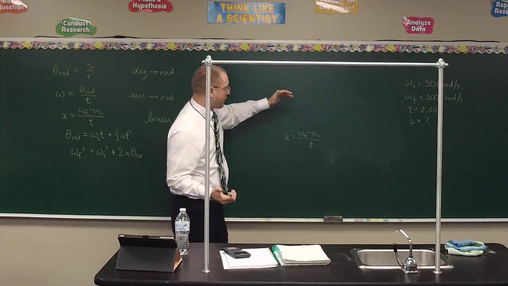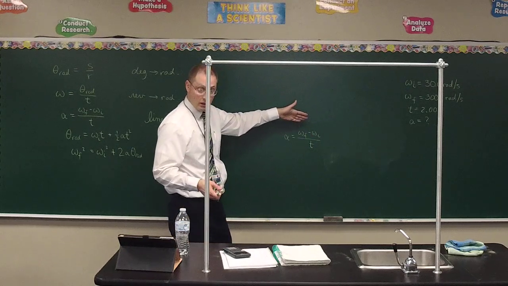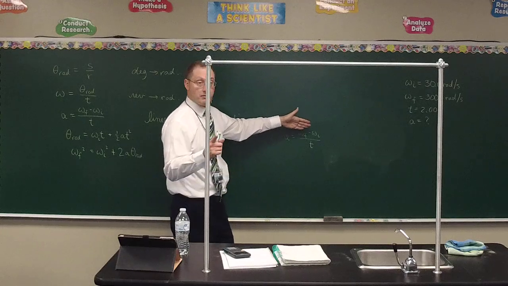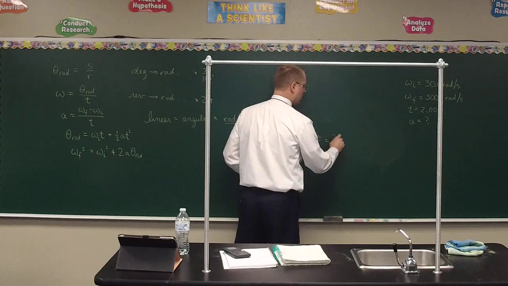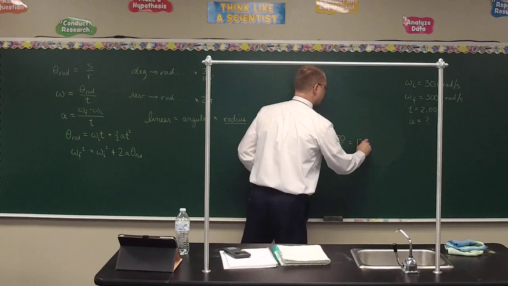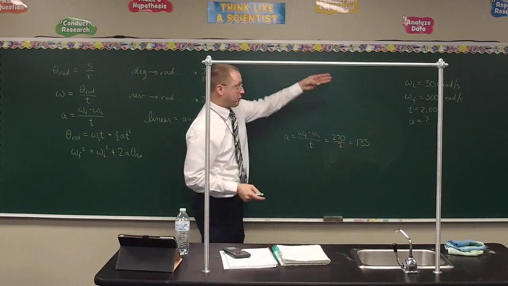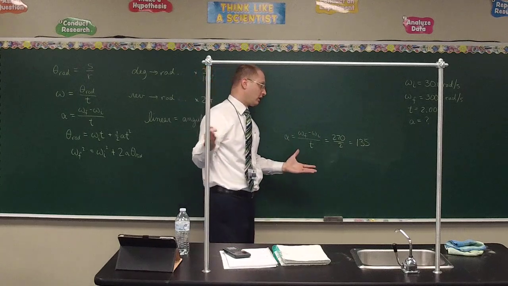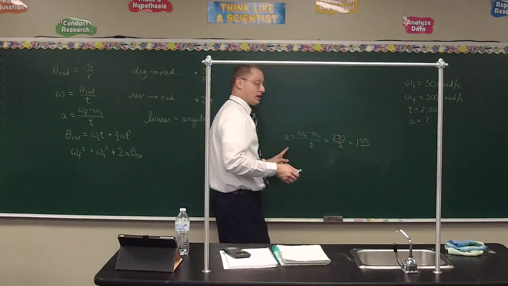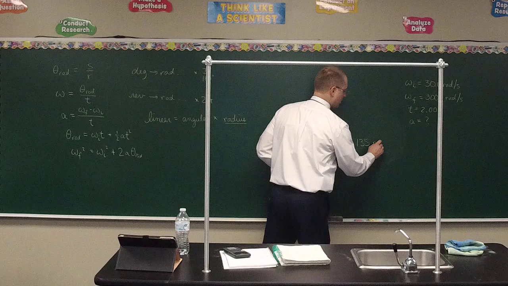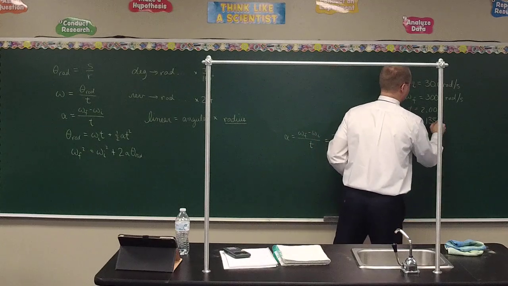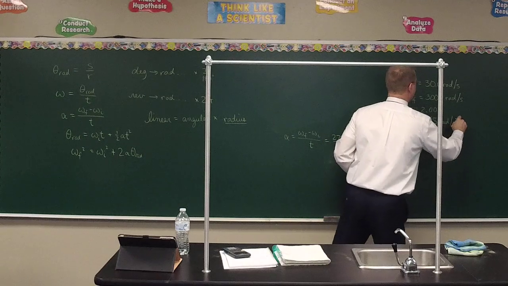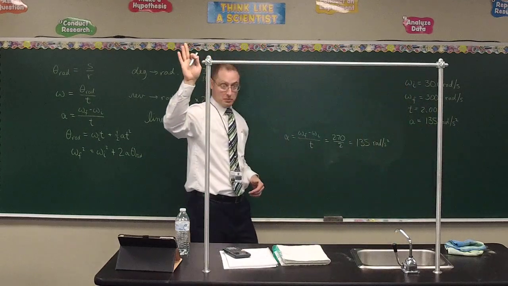So we do it in our head: 300 minus 30 is 270, divided by 2 is 135. That's already the 3 sig figs I want, so we didn't even need a calculator. And of course, angular acceleration is in radians per second squared. So there's my first answer: 135 radians per second squared. It came out evenly.